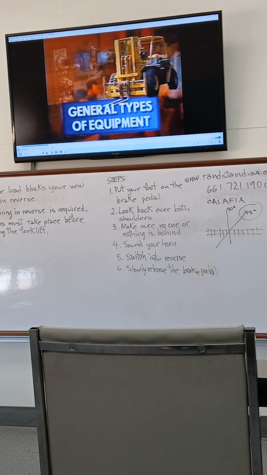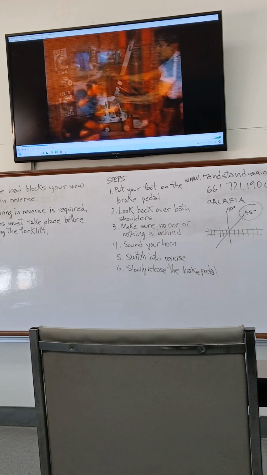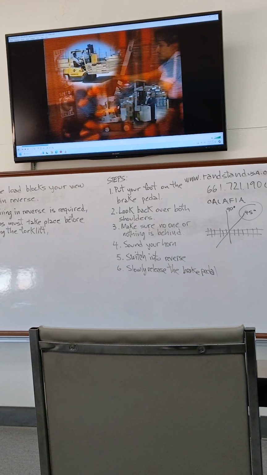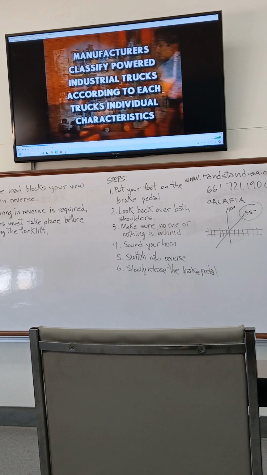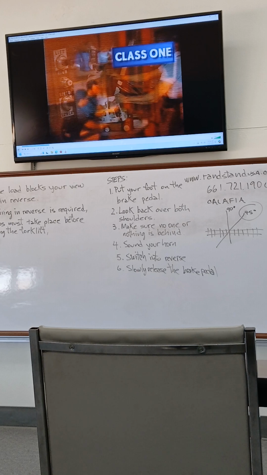General types of equipment. As we stated earlier, there is a wide range of equipment, each designed for specific industries and uses. Manufacturers classify powered industrial trucks according to each truck's individual characteristics. There are 7 classes of trucks. Class 1.